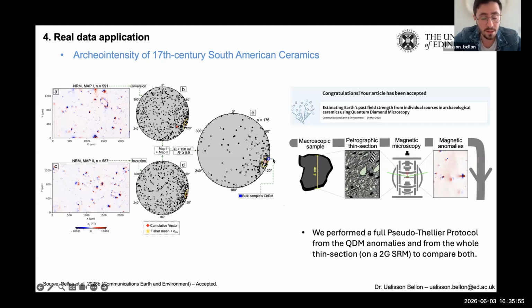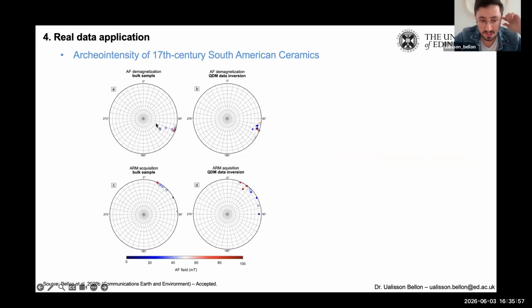For the whole protocol, you can see the same thing here. This is for the whole sample, with the demagnetization proceeding. You can see the AF field colored from blue to red right here. This is for the whole sample, and this is what we inverted for specific anomalies in the QDM. The same thing for the ARM acquisition, for the whole sample, and here for the QDM.